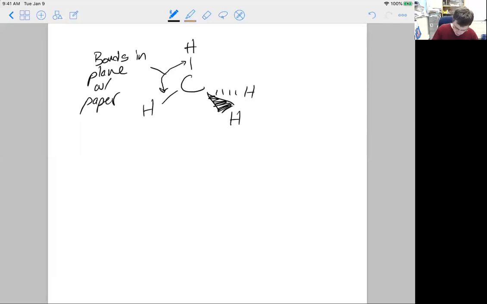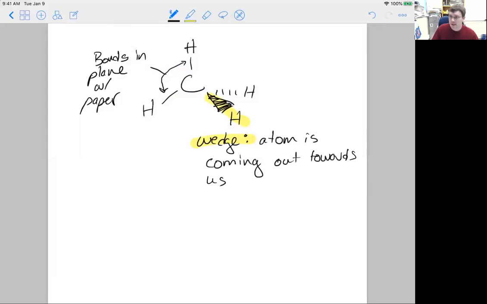Now, the wedge, which I believe I was showing as yellow previously, the wedge implies that the atom is coming out towards us, whereas the dashed atom is going away from us.